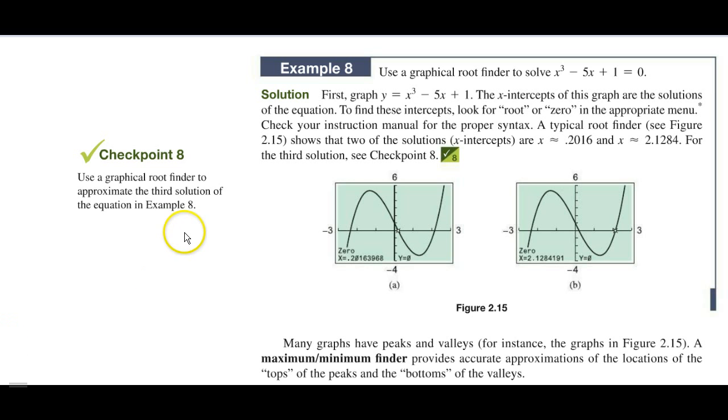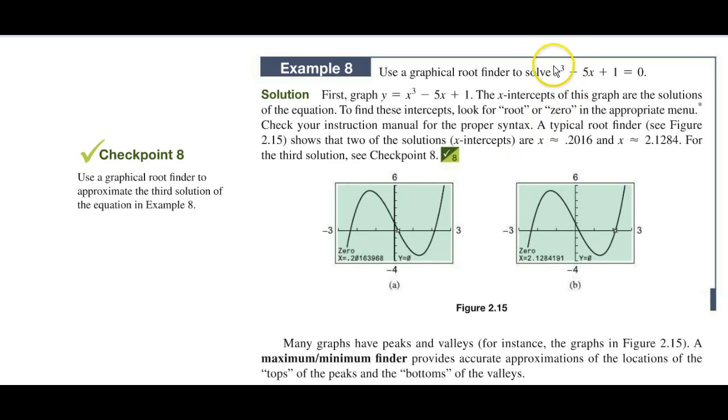Now, as we look at example 8 here, it says use a graphical root finder to solve this. Well, this is to the third degree, so you're going to get this typical type of graph, and notice it crosses the x-axis there, and there. Often when they ask you to do something like this, they'll say find the zeros.